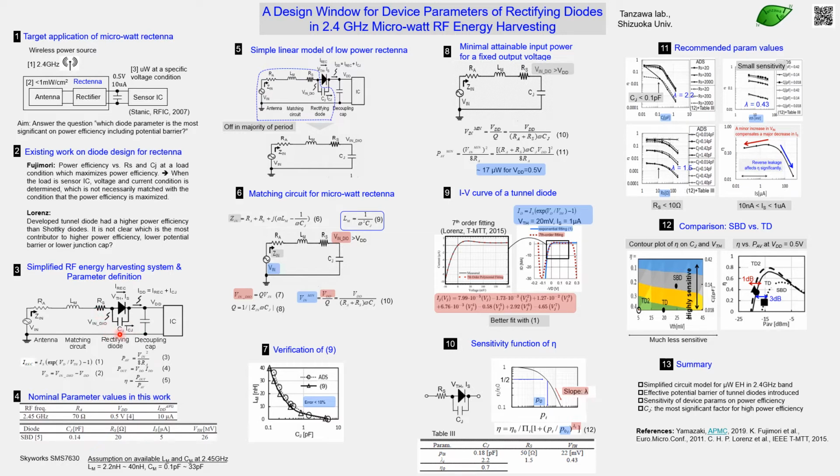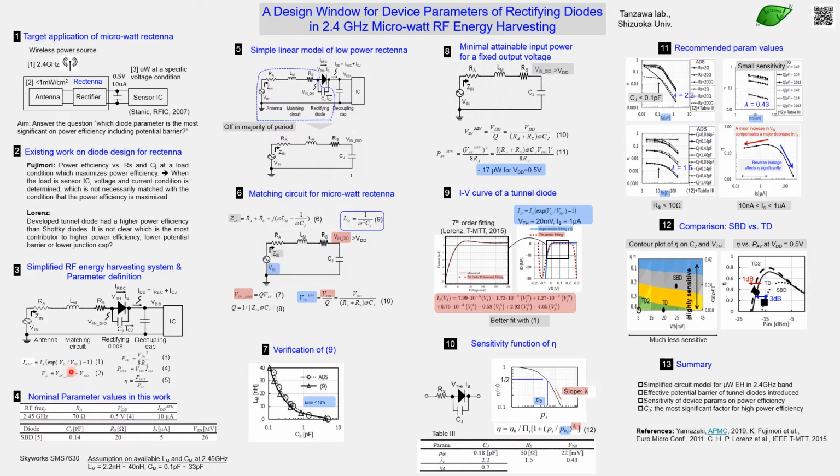The Rectenna diode has RS, CJ, and this symbol indicates the DC term expressed by equation 1. Usually here VTH is the thermal voltage kT over q.